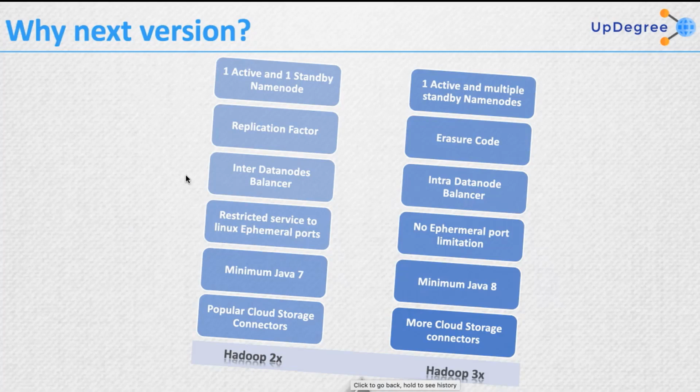Then in 2x, we have the Intra-Datanode Balancer, which means that if you are storing data in data nodes, and let's say there are 10 different data nodes, and we add 2 more nodes, what if I want to balance my data on all 12 nodes? It's very easy. I just run the balancer in Hadoop and it balances the data.